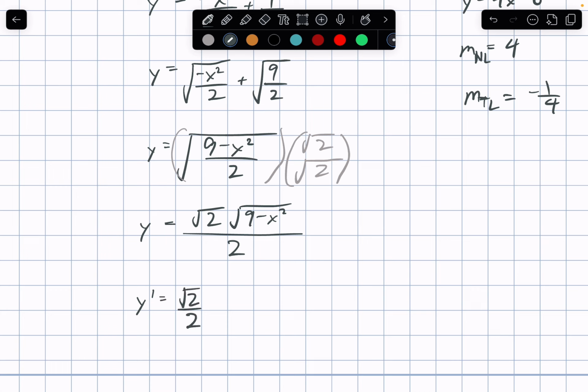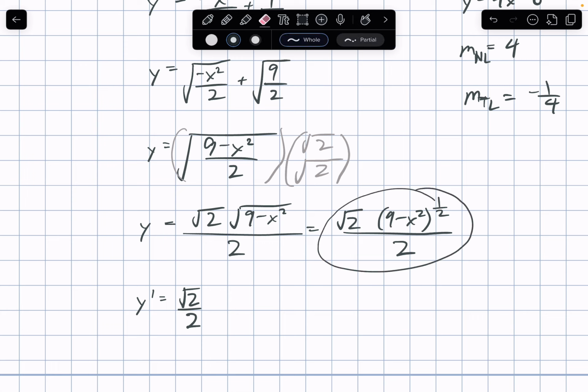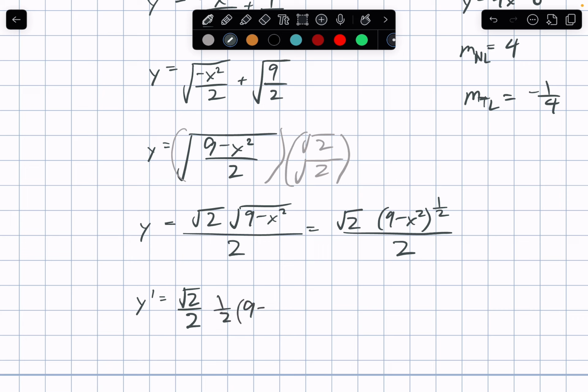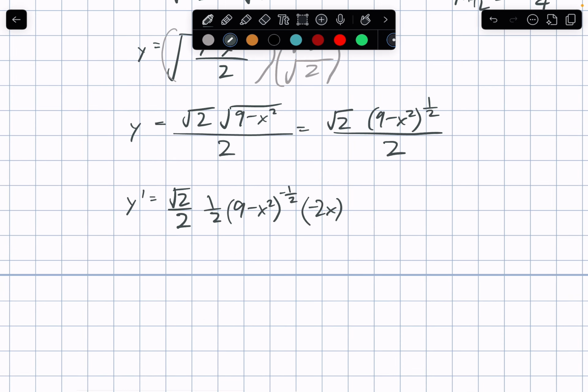So we set aside the constants. What we have left is, wait, for what? 9 minus x squared raised to 1/2. We can rewrite into this, and then we apply power rule. So 1/2, 9 minus x squared raised to negative 1/2, and that. And then let's try to simplify.